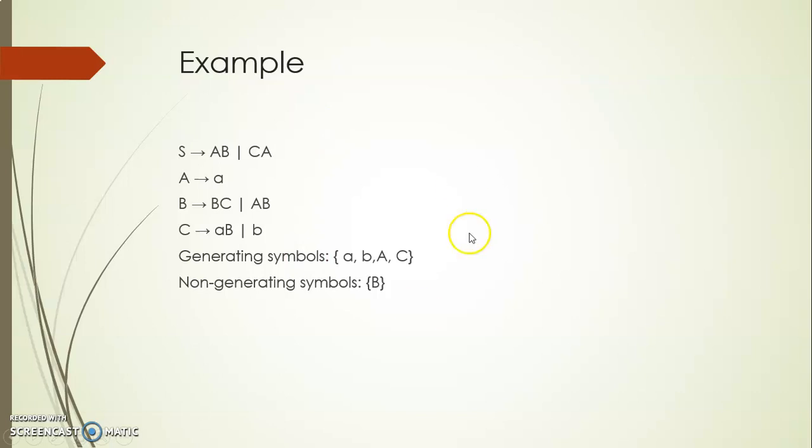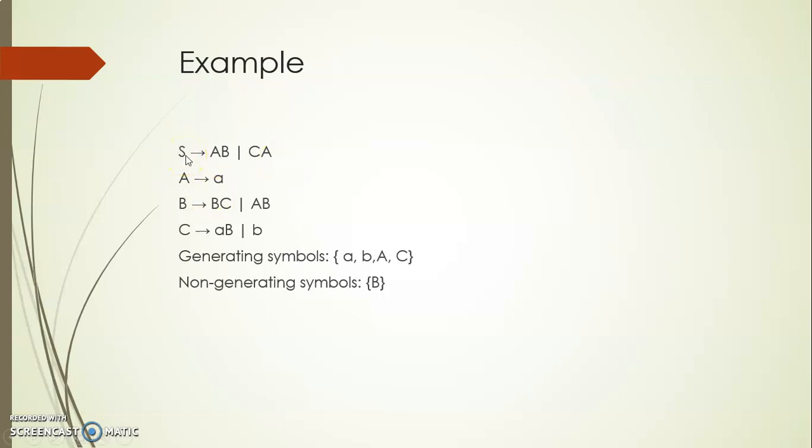So now we'll go ahead with this example. What are the terminal symbols present? Small a, small b. So you are including that. Next you are considering the non-terminal symbols which consist of terminal symbols as one of its options. When I consider the production S tends to capital AB slash CA, there is no option consisting of only terminal symbols.